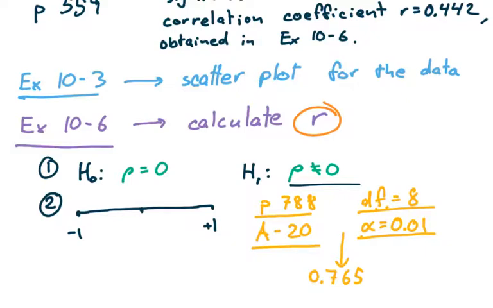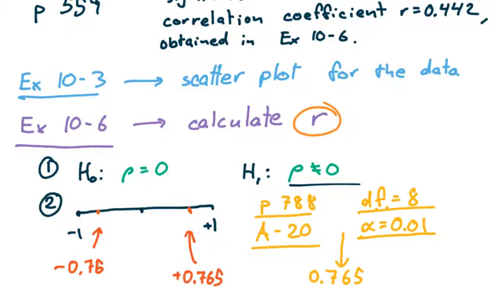Now, what do we do with that? Well, here it is on this side. This is positive 0.765. I'll put a little plus in front of it. And then on the opposite side of 0, we have negative 0.765.